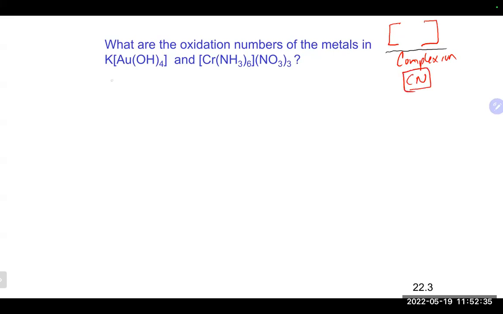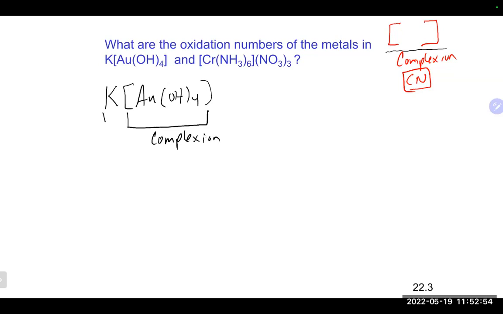Okay, let's take a look. If we take a look at this first coordination compound, this part is in brackets, which means it is going to be our complex ion. This part is outside of it, which means it is our counter ion.